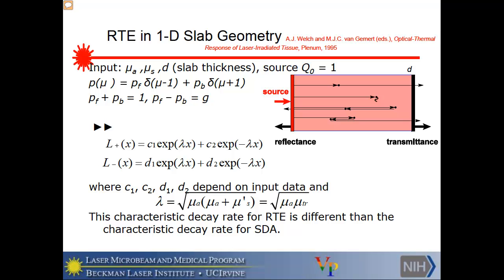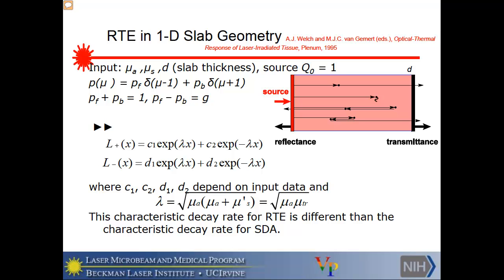Now, the typical solution: this purple book by Welch and Van Gemert is a standard in the field, and it has a nice description of this problem and its solution. One way to think of it is that you're combining the light field moving from left to right with the light field moving from right to left.